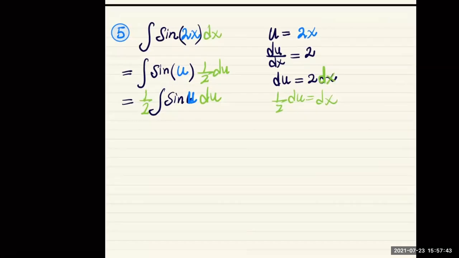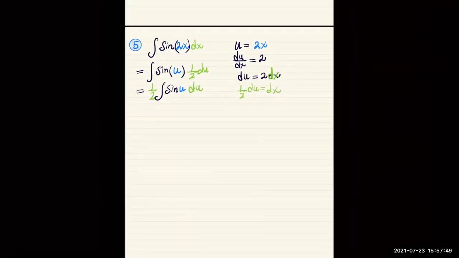Okay, now we all know what the antiderivative of sine is. Antiderivative of sine of u is negative cosine of u. With the half sitting out, I get negative cosine u plus c.